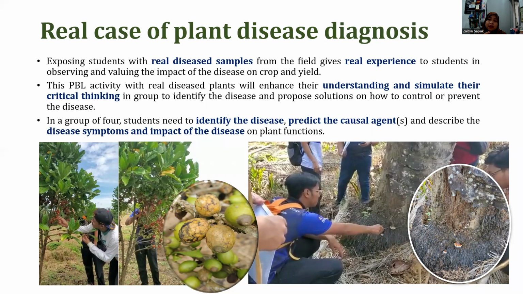So in all these discussions among the groups, they have to come up with ideas, with the knowledge, with facts and figures on the causal pathogens and also how the pathogens attack the plants.